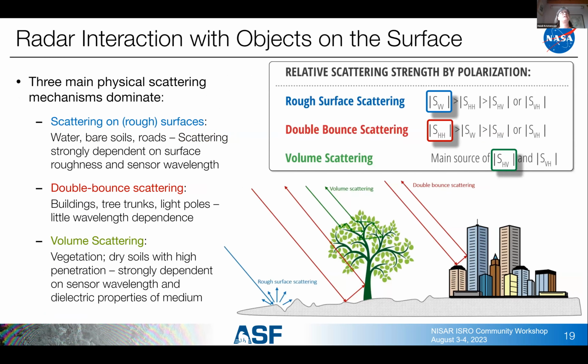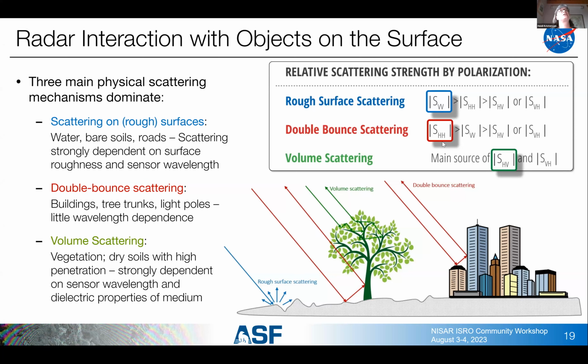The different polarizations interact differently with the Earth's structures. So for surface roughness, which I mentioned is a big driver in the backscatter returns, the VV polarization is most sensitive to that surface roughness. So if you're looking at VV returns, you would expect that increases in backscatter would either be due to surface roughness or increased soil moisture.